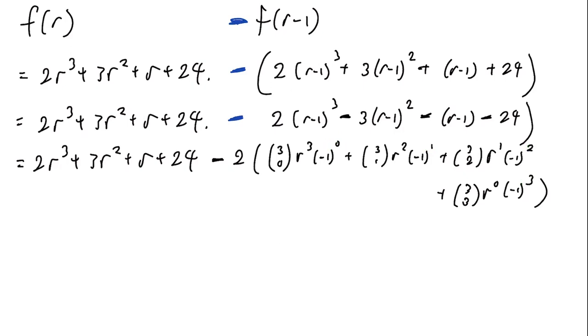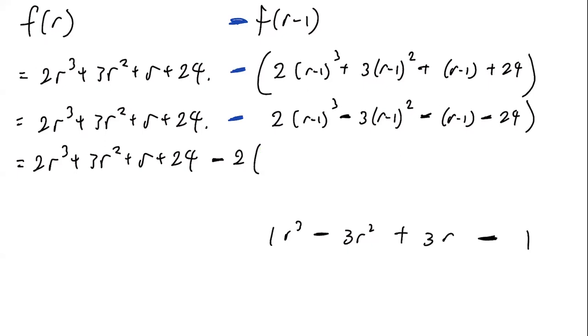This becomes 1, 3, 3, 1: r cubed, 3r squared, 3r, and a 1. The r to the power 0 just becomes 1, so we can throw that away. Because of the -1 there will be alternating signs. Here is a power 0, so it's just 1, positive. Here it's (-1) to the power 1, an odd power, so it's negative, followed by positive, followed by negative. I'm going to simplify it straight away and just write down the simplified version.